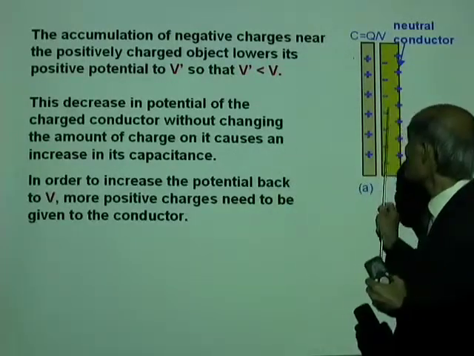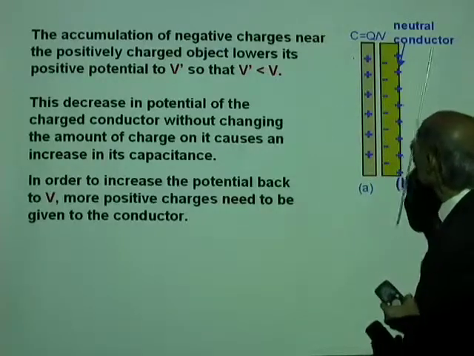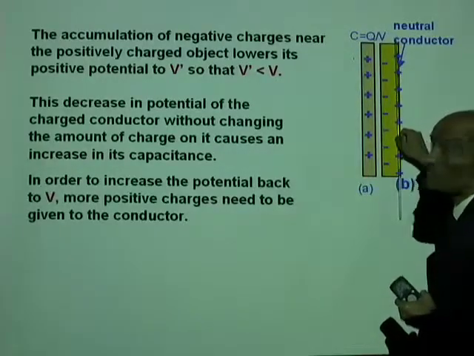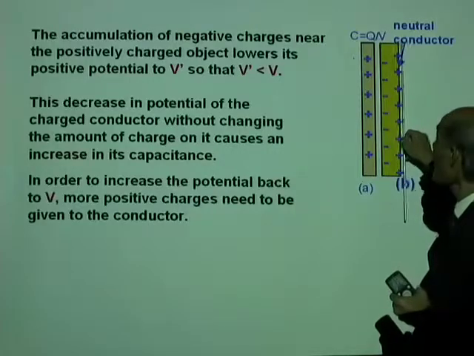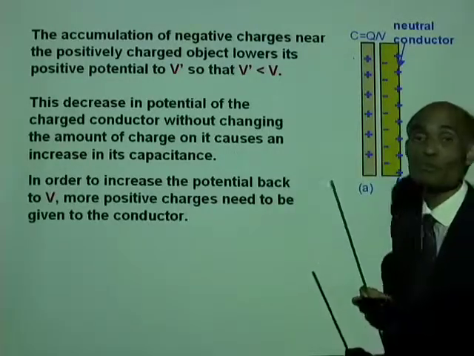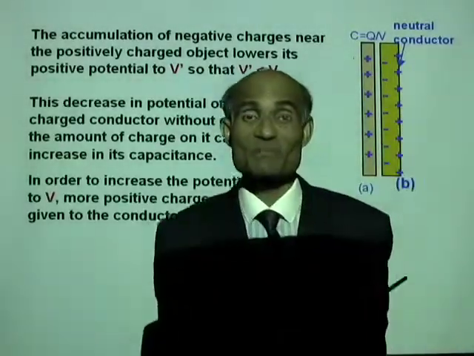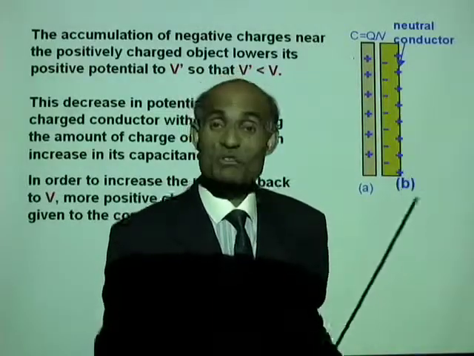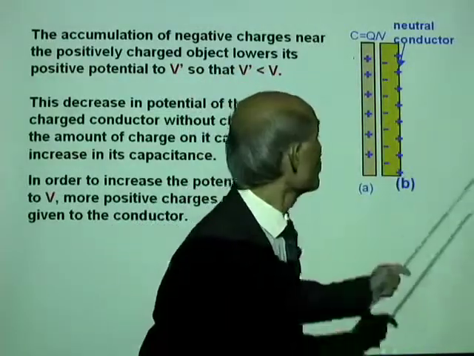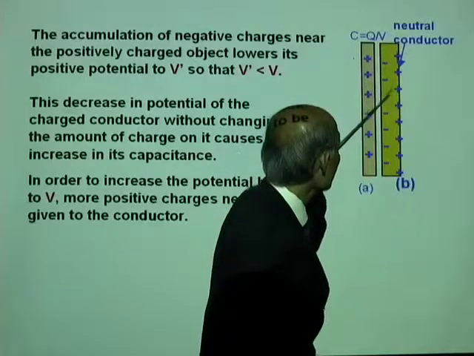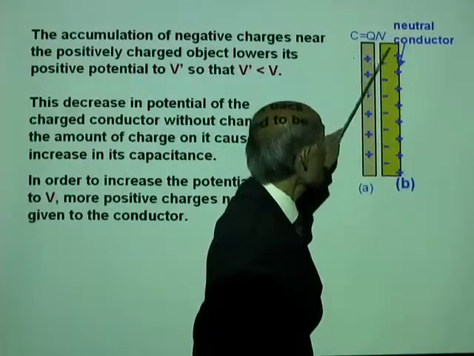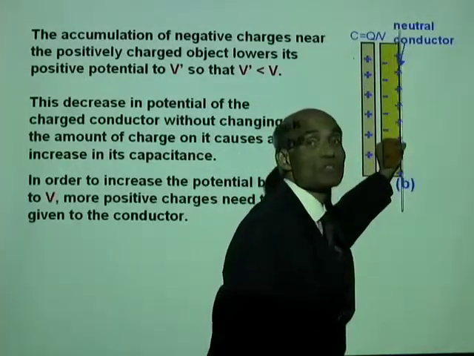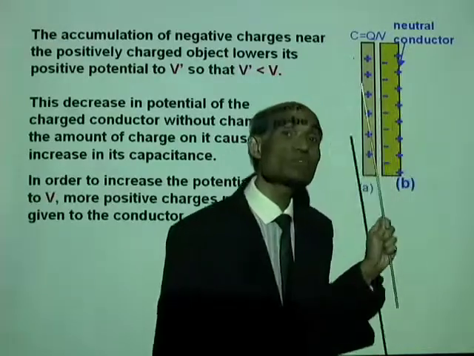But this effect can be increased if you can remove these positive charges from here. Now, how will we remove those positive charges? Any suggestions? What can we do to remove them?